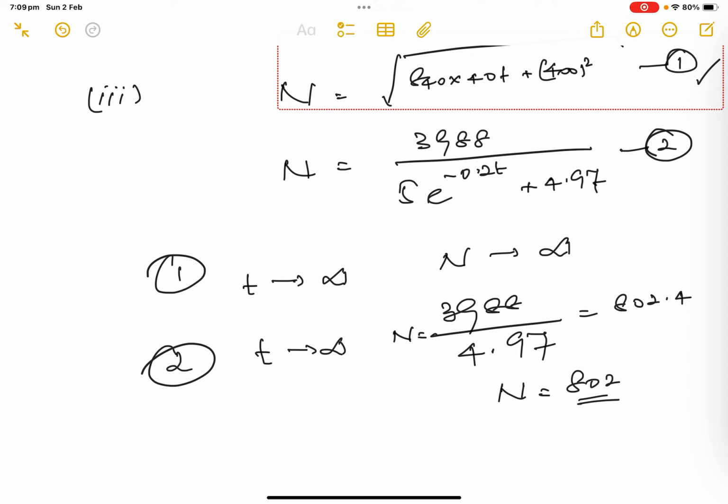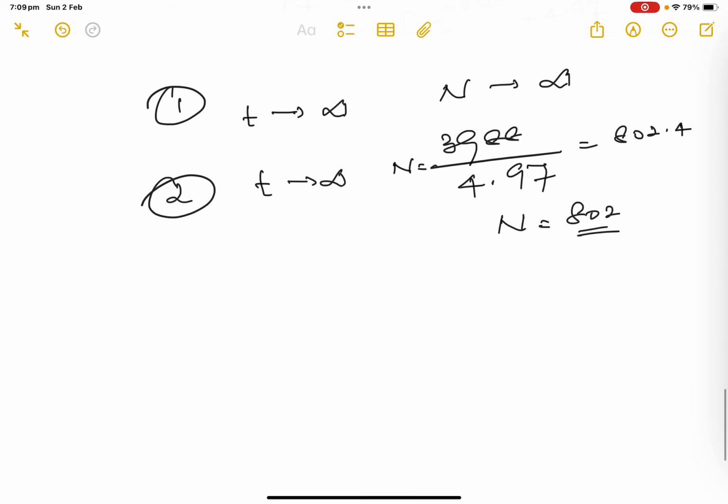Again, for the second one, we have e to the power of minus 0.2 times infinity, that is 1 over a big number, which is 0. So what we are left with is 3988 divided by 4.97, that is roughly 802.4. We are talking about the number of insects, so it has to be an integer.